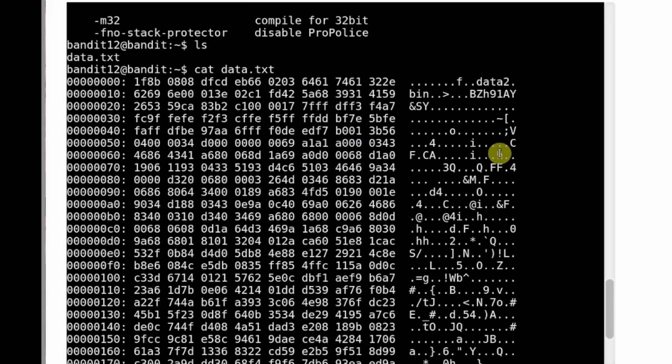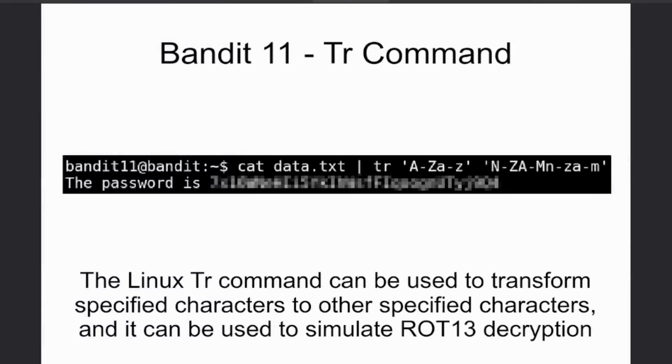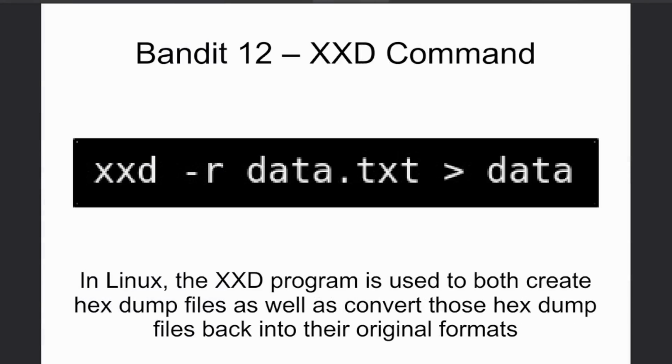But what are these hex dump files? Let's talk about this for a little bit. So this is Bandit level 12, and in this level we're talking about the xxd command. So in Linux, the xxd program is used to both create hex dump files as well as convert those hex dump files back into their original formats.